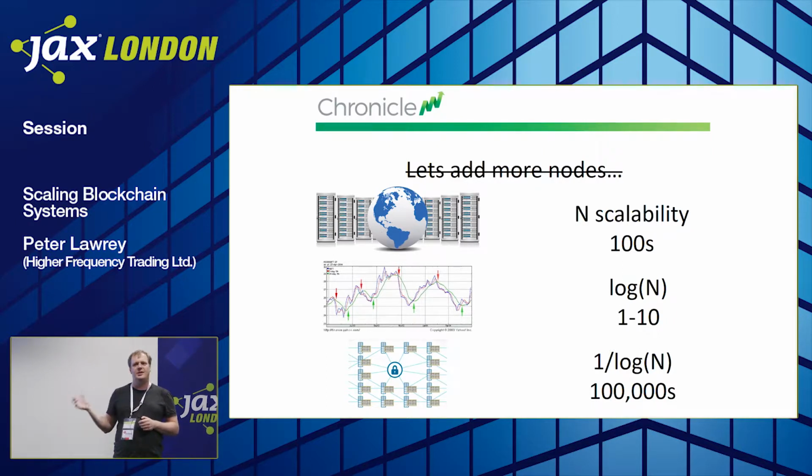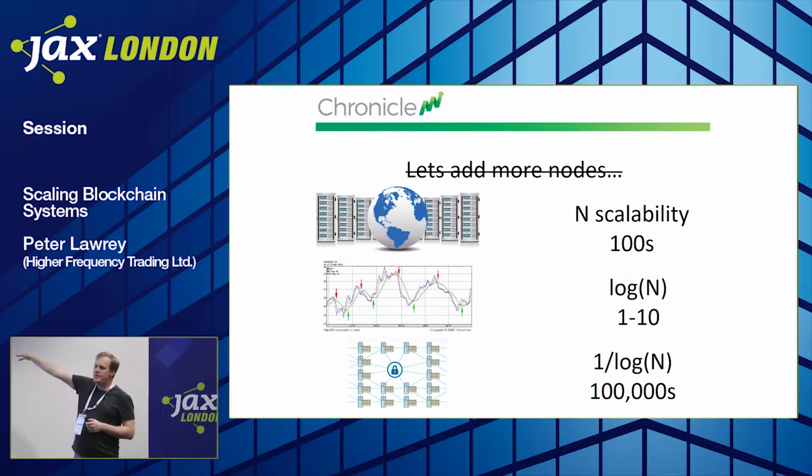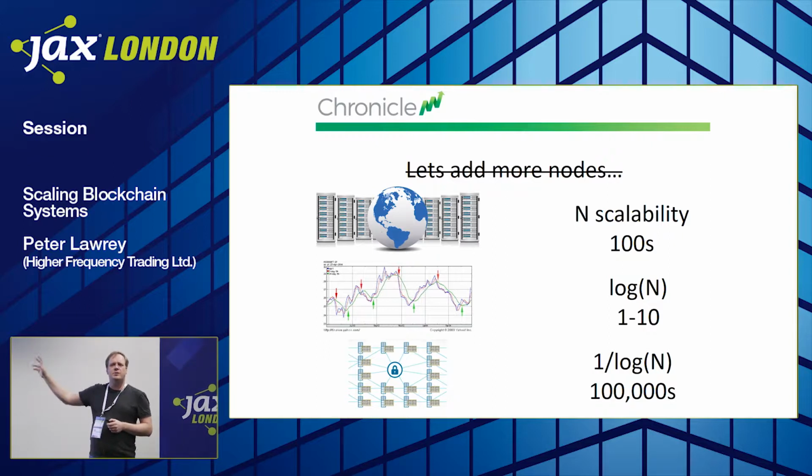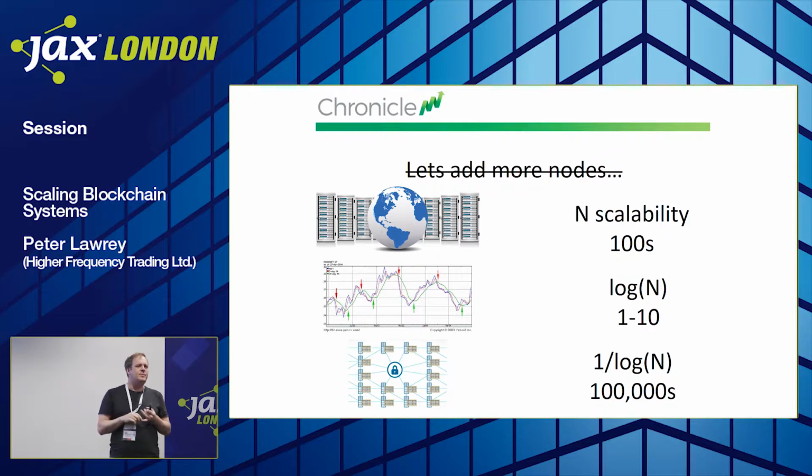You've got an uncontrolled number of nodes. The nodes themselves are not homogeneous. Unlike the previous examples, where all your nodes are going to be more or less the same, you can pretty much say they're going to be the same operating system and more or less the same hardware. You might have some older and newer nodes, particularly in the web space, but you can manage that. Usually the difference between your fastest and slowest node might be a factor of 2 or 4.